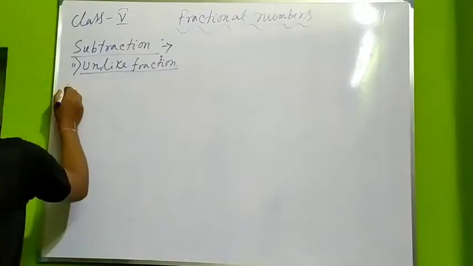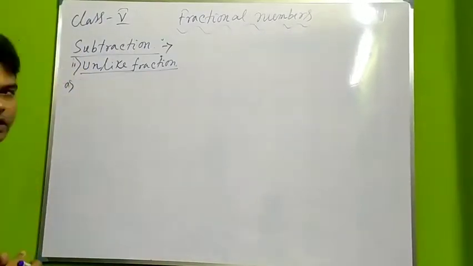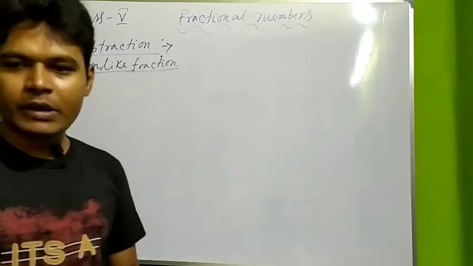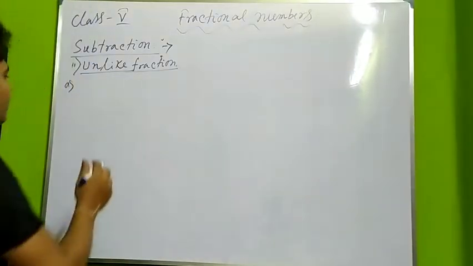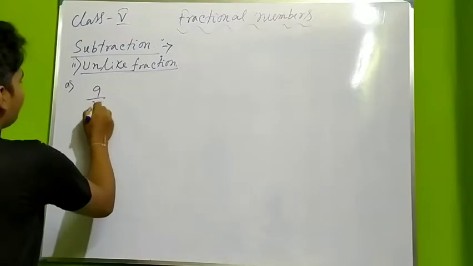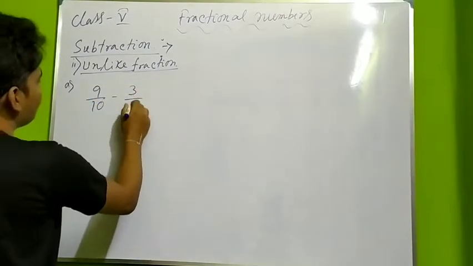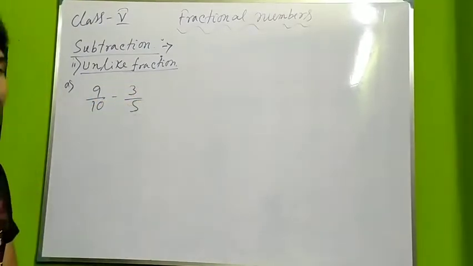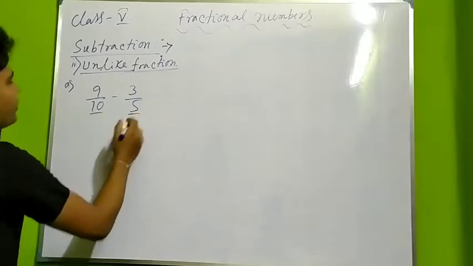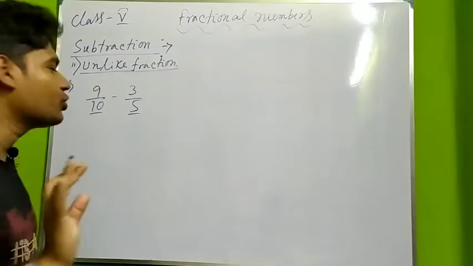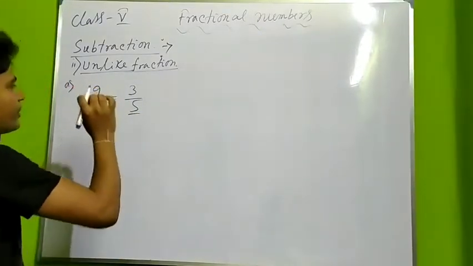So at first we start here, just see the example, that is 9 by 10 minus 3 by 5. As you can see, these two have different denominators, so they are called unlike fractions.